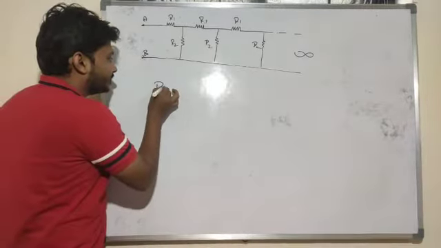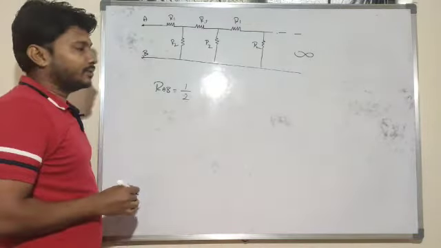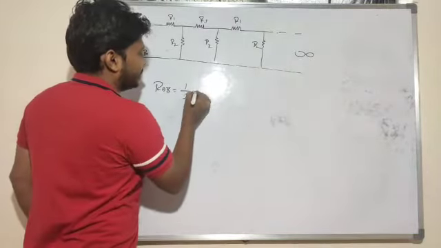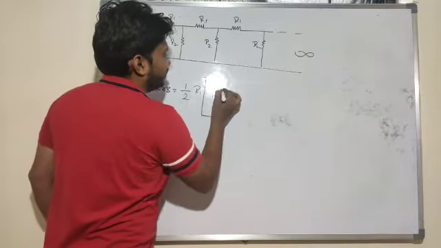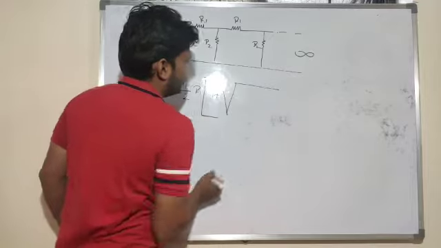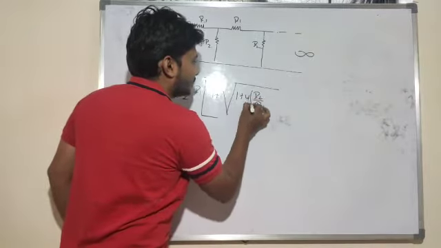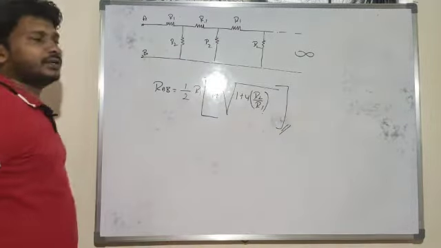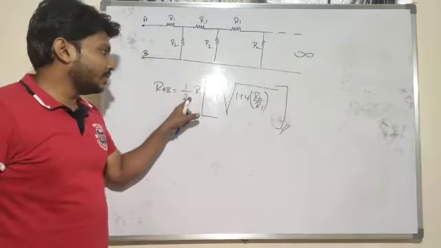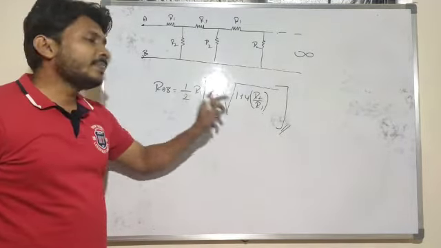So the effective resistance between the points AB is 1 by 2 R1, 1 plus the square root of 1 plus 4 R2 by R1. So look at here, this is the connecting formula I need to use in this situation: 1 by 2 R1, 1 plus the square root of 1 plus 4 R2 by R1 here.